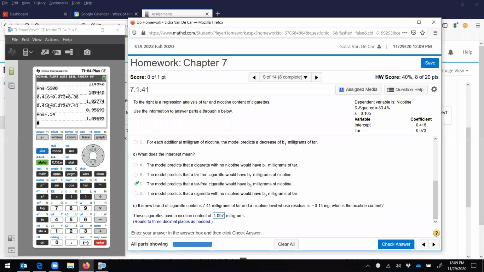Put in that 0.416 plus 0.073 times 7.41. We get this. Oh, I should have subtracted, not added.